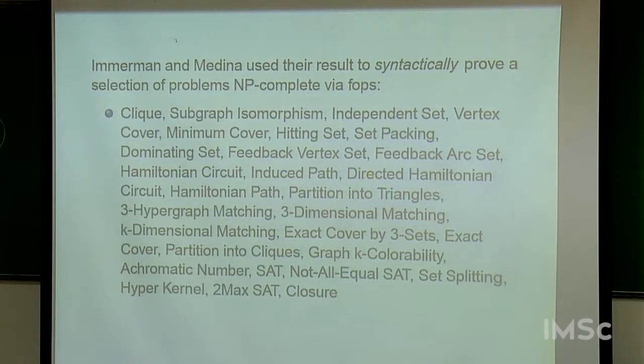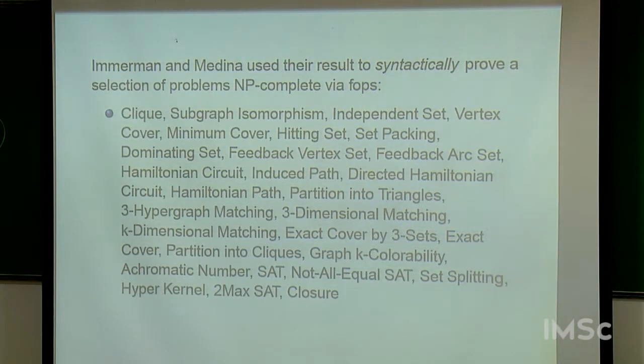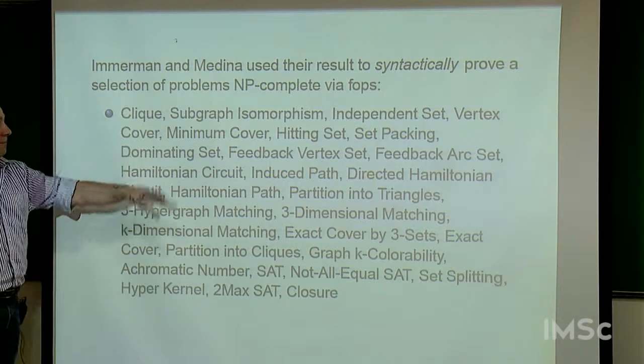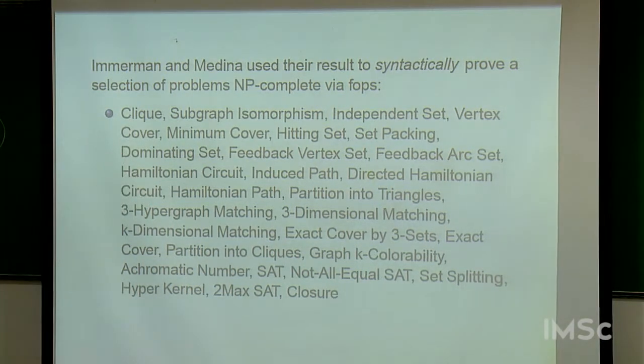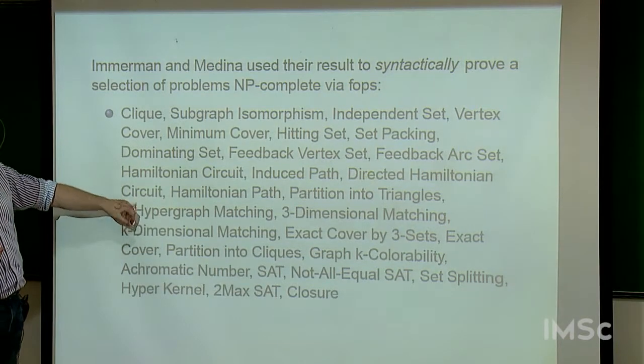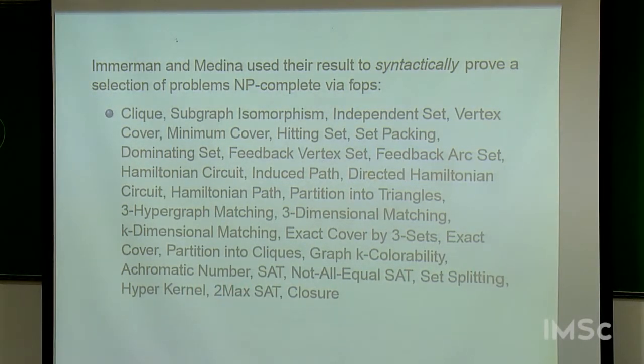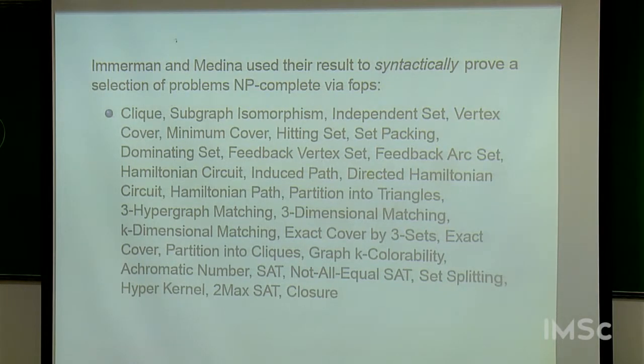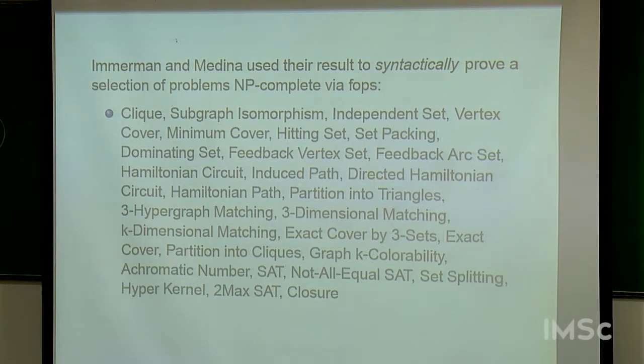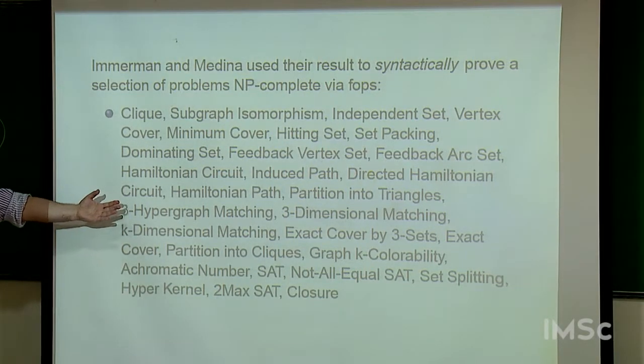But what they did is they had this characterization, and they wrote down just the defining existential second order sentence of, well, here we are, directed Hamiltonian circuit. They just wrote it down in existential second order logic. And what they then did is they syntactically messed around with the formula so that they reduced it to this normal form and said, oh, great, therefore my problem must be NP complete.